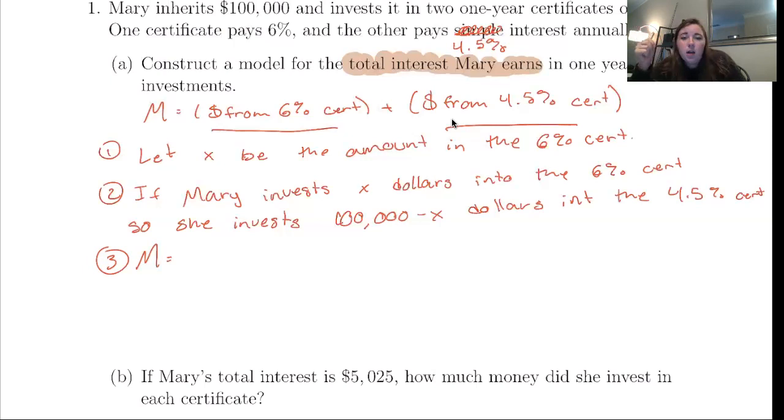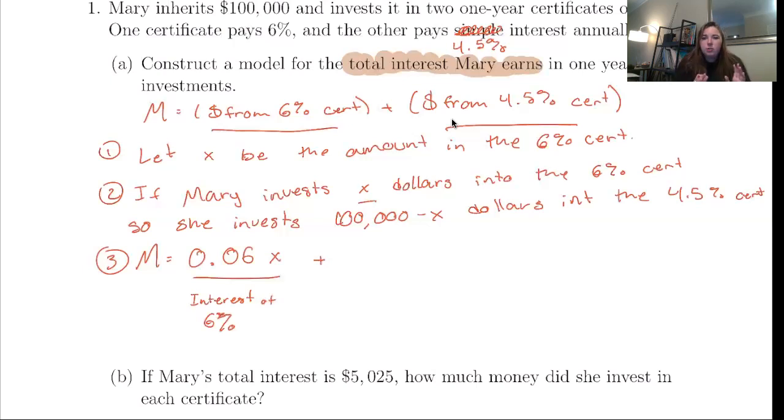It's ridiculous. How do you think we can represent the interest made from the 6% certificate if she invests X amount of dollars into it? 0.06X, right? So this is the interest of the 6%.